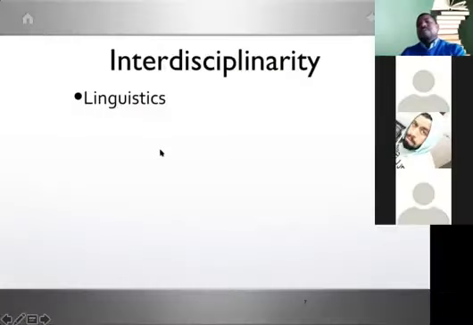Why? Because most of the theories applied were theories of linguistics, descriptions of language. So that's why applied linguistics intersects with linguistics. And even more than that, in its beginning, only linguists could become applied linguists. We'll talk about this later.